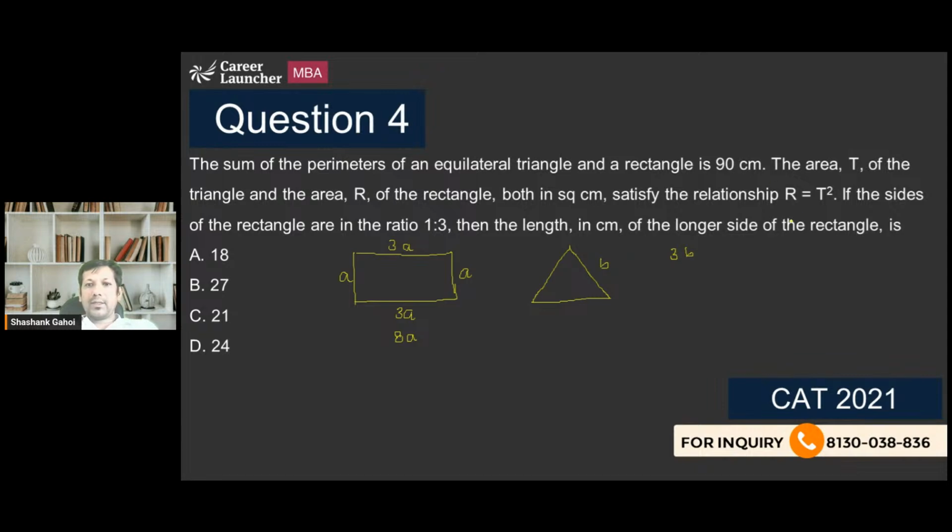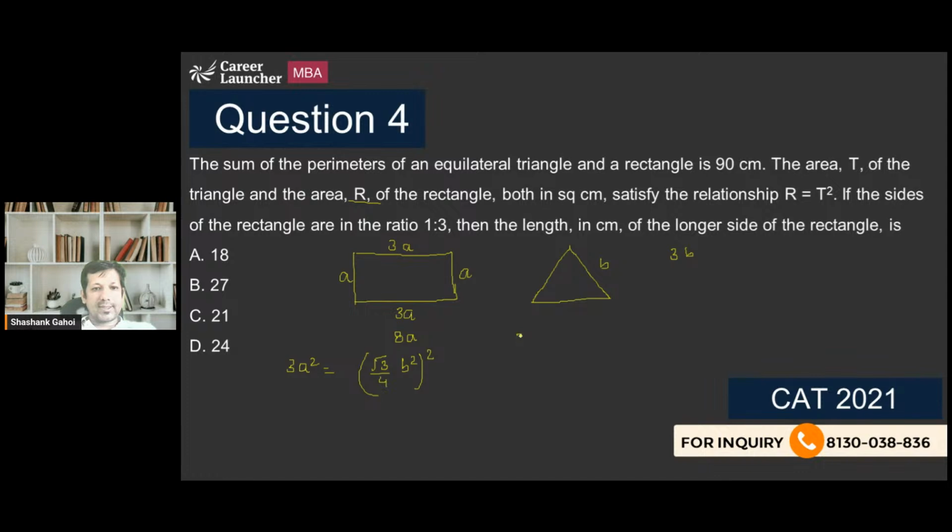Now it says that area of rectangle R. Okay. So area of rectangle R is 3A square, and area of triangle T is going to be root 3 by 4 times B square. Okay. So R is equal to square of T.